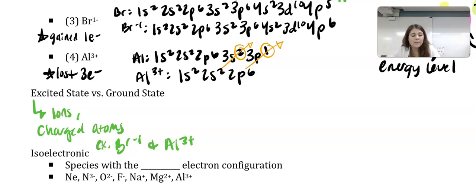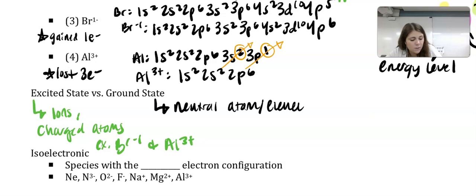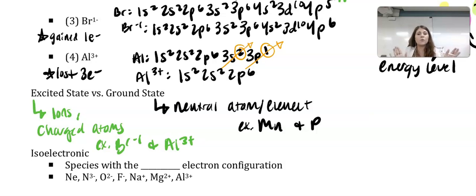This is technically the excited state for those atoms. Next, the ground state is going to be the neutral atom element. So like the first 2 examples, I think we had manganese and phosphorus from the ones above. Those are just in their ground state.